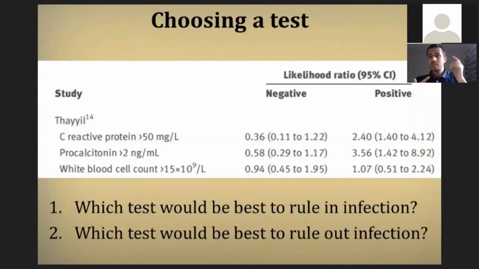Why? Because he has a result and he wants to know if that result is confirming the disease or ruling out the disease. Please let us discuss that in more detail just after this slide, because this slide is really important.